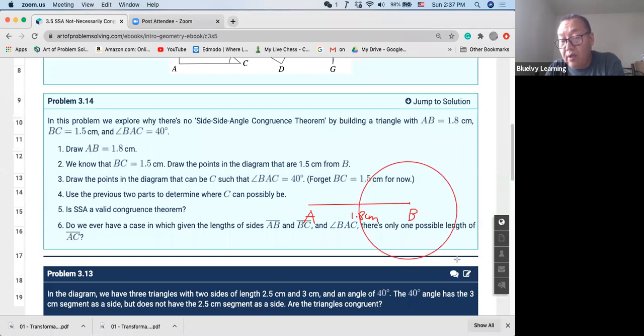Maybe I need to make this a little bit better. We can draw like this.